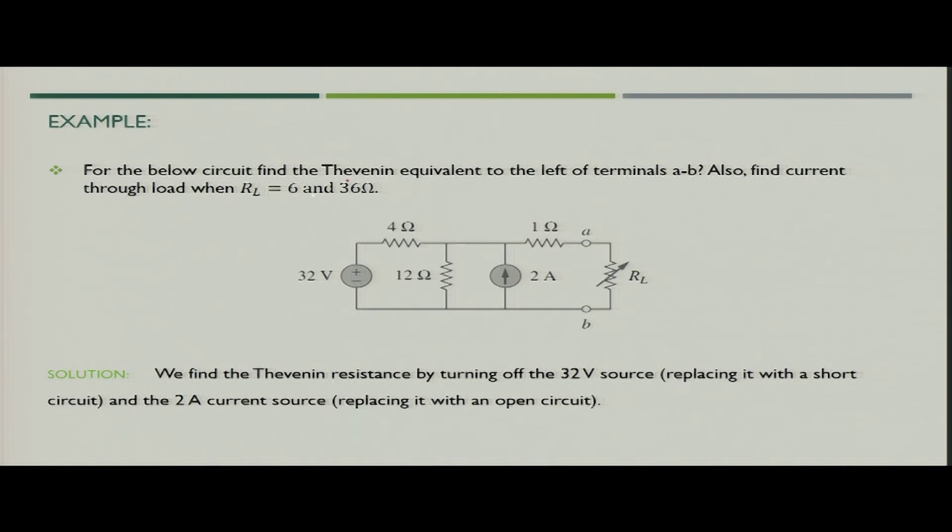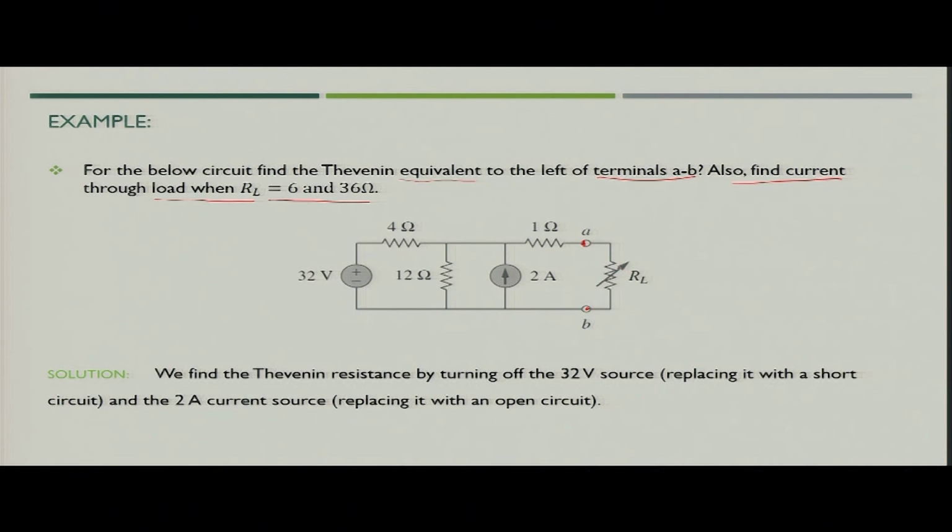Now, you see there is a circuit given in this figure. We need to find the Thevenin equivalent to the left of terminal AB. These are the terminals A and B, and we have to find the current through the load when RL is equal to either 6 ohm or 36 ohm.